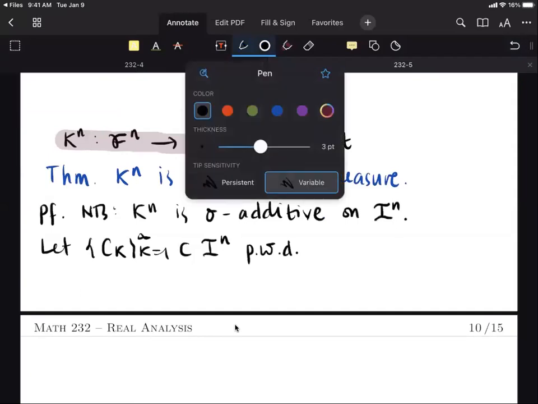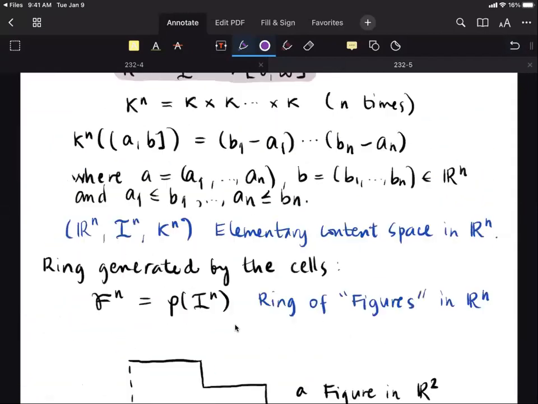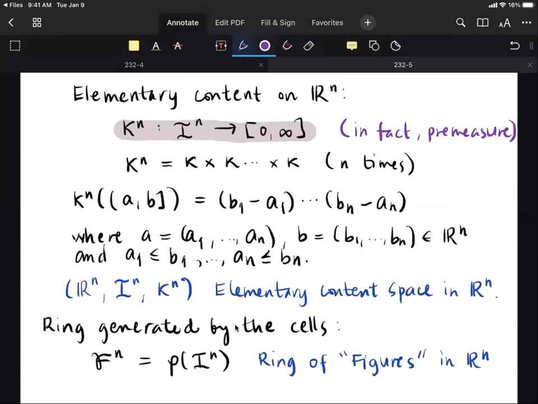Because in that case, in fact, we could go back to the previous discussion here. So we know that this is a content. In fact, it is a premeasure, if we can show sigma additivity.